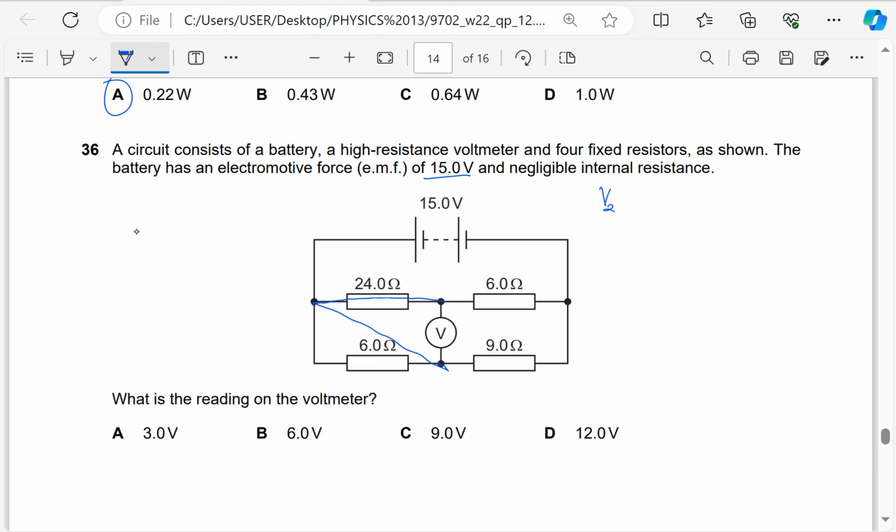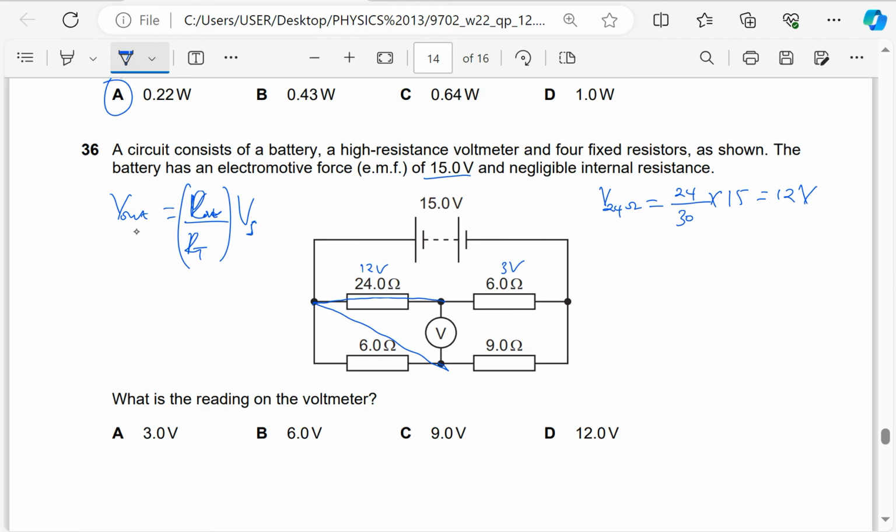So PD across 24 ohms is going to be, I'm using the potential divider formula, V out equals to R, the resistor we are considering, over total resistance times the voltage supply. So this will be 24 over 24 plus 6, which is 30, times 15. And I think this is 12 volts.